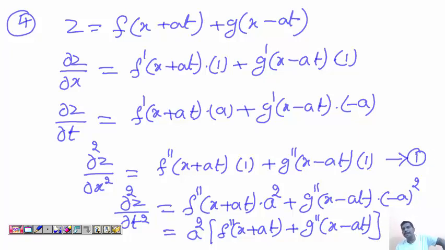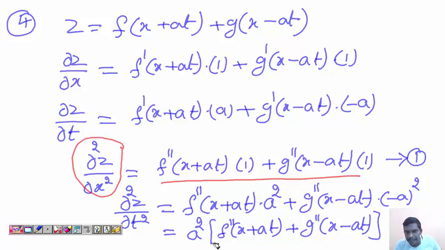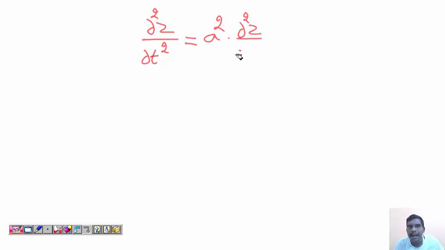From 1 and 2, I am able to eliminate both the arbitrary functions just by substituting the values. See that for this here, I can substitute this in equation number 2. Then I can write it as dou square z by dou t square will be equal to a square into dou square z by dou x square.